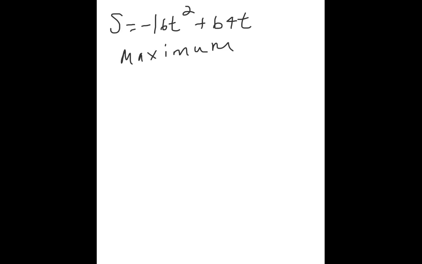If a baseball is projected upward from ground level with an initial velocity of 64 feet per second, then its height is a function of time given by s equals negative 16t squared plus 64t. What is the maximum height reached by this ball? What's the maximum height?